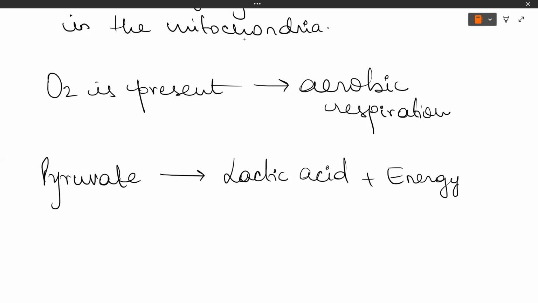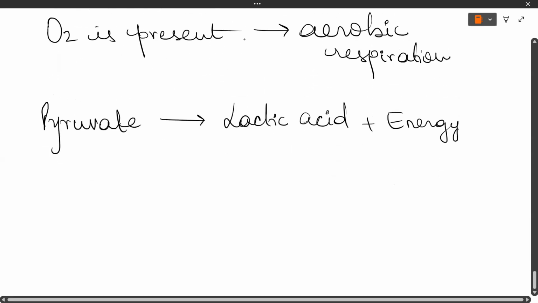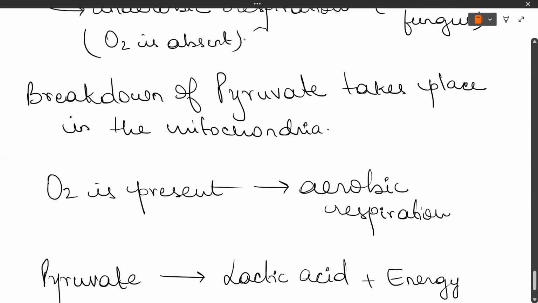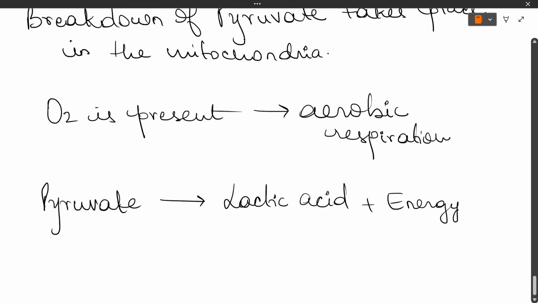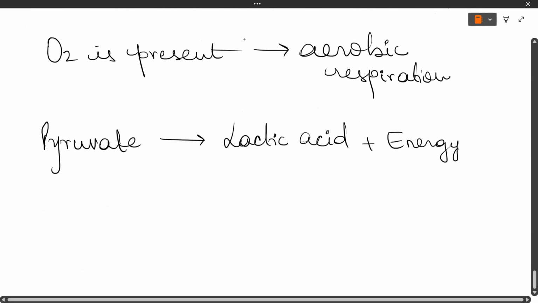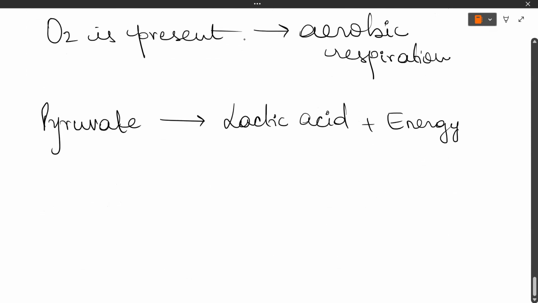Now see, any type of energy which is released either by the anaerobic respiration or by the aerobic respiration, all that energy is immediately used to synthesize ATP. ATP is, tell me, adeno.